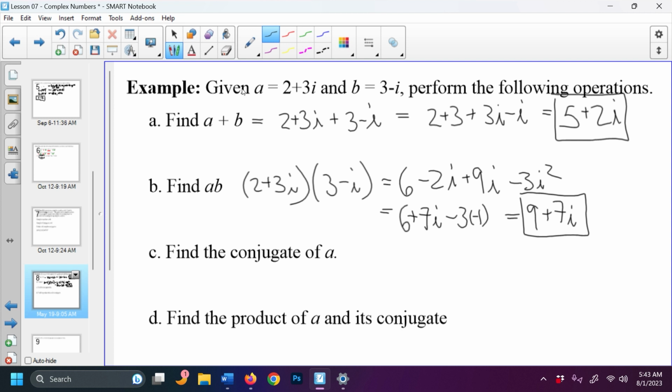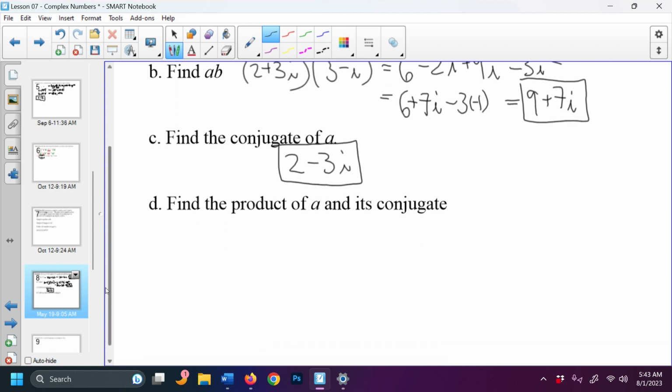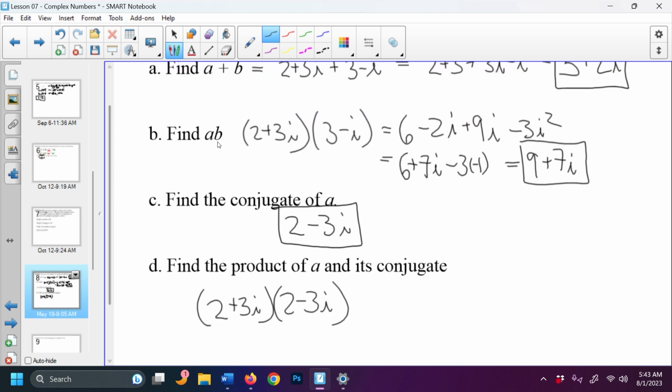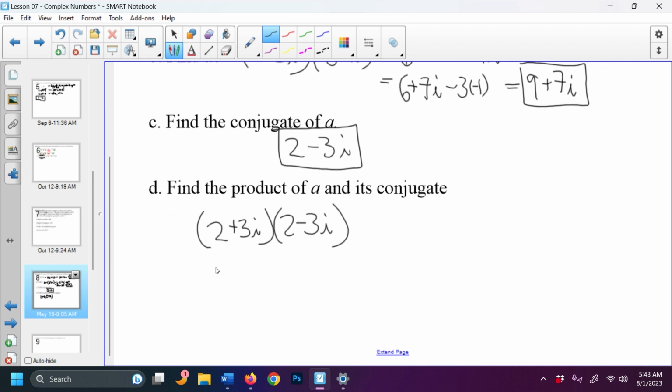The conjugate of A, if A is 2 plus 3i, then the conjugate of A will be 2 minus 3i. And then the product of A and its conjugate, remember, 2 plus 3i is the original value, and then 2 minus 3i is the conjugate. And so we're going to distribute again, just like we did when we were multiplying the two up here. 2 times 2 is 4. 2 times negative 3i is negative 6i. 3i times 2 is positive 6i.